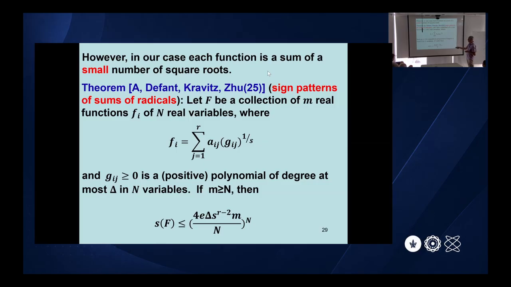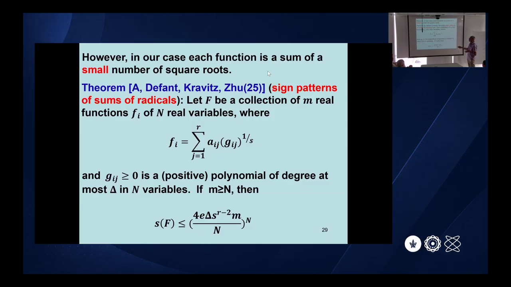So s in our case will be 2, and r will be small. The dependence here on s and r is probably not tight and is pretty bad, but for our case, it would be good enough.